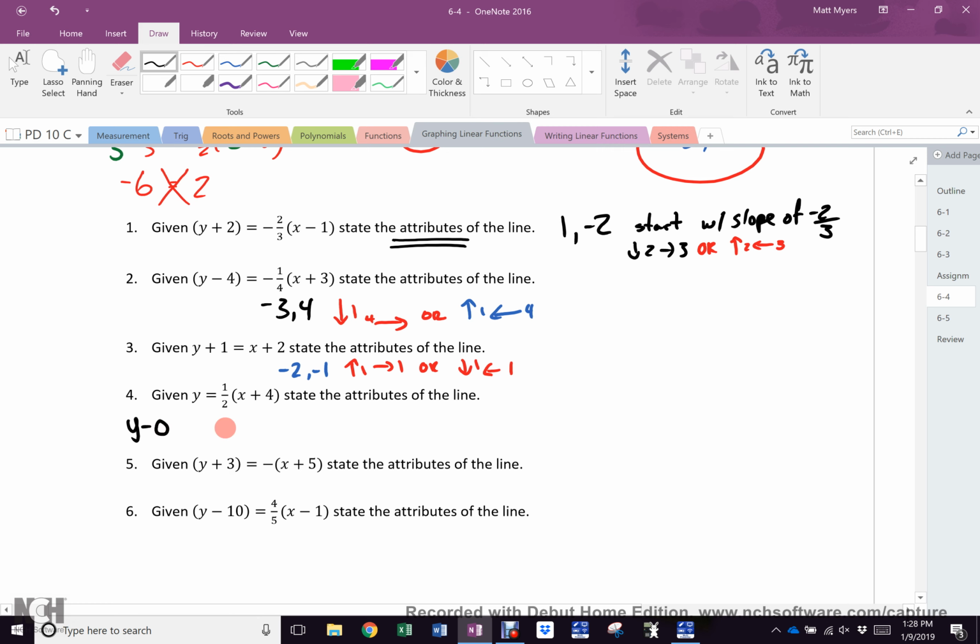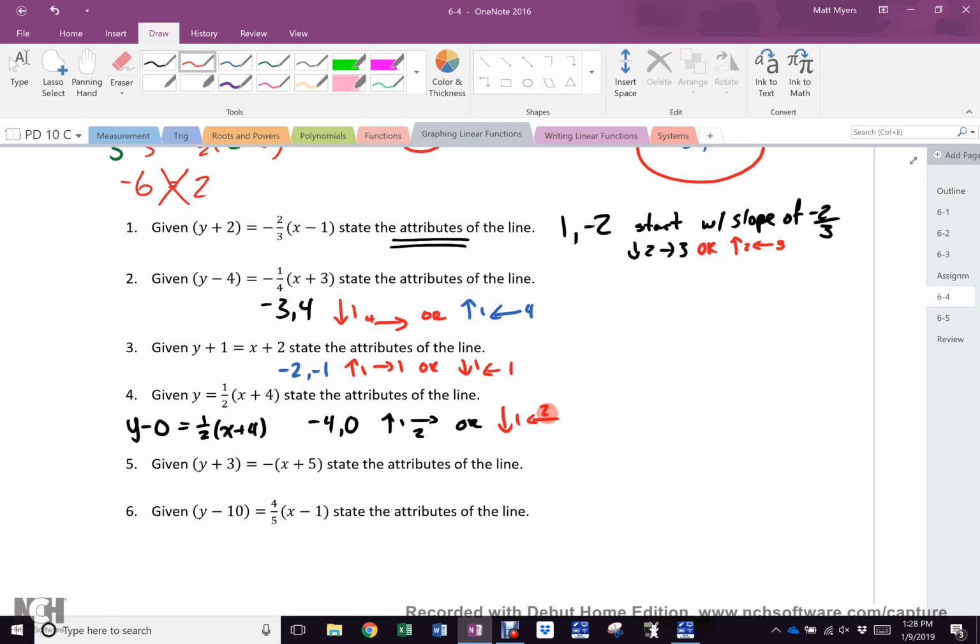So what is our starting point? -4, 0, and then up 1 and 2 right, or down 1 and 2 left.